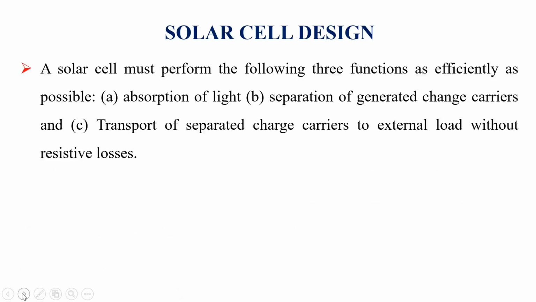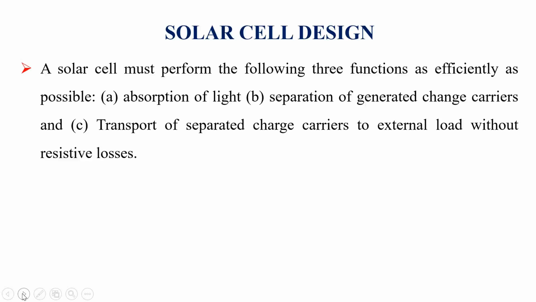A solar cell must perform the following three functions as efficiently as possible. First one, absorption of light, separation of generated charge carriers, and transport of separated charge carriers to the external load without resistive losses.